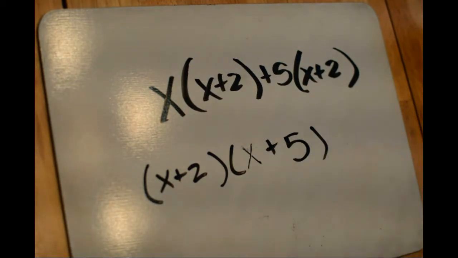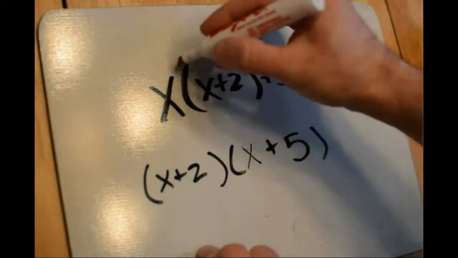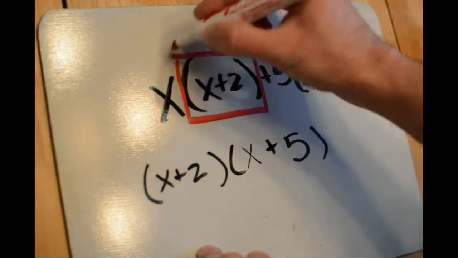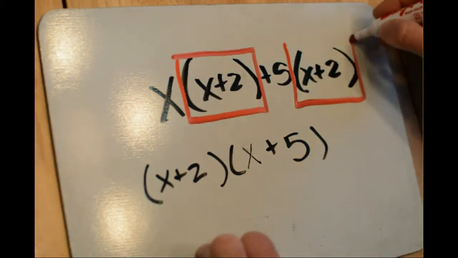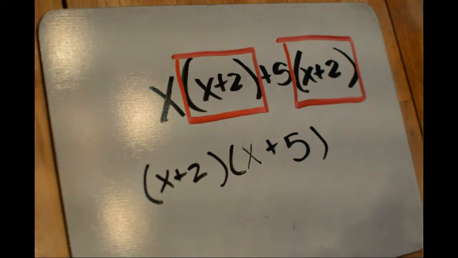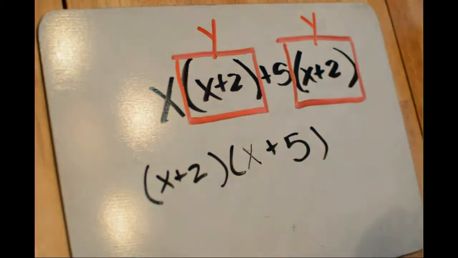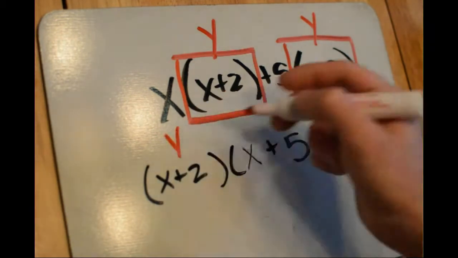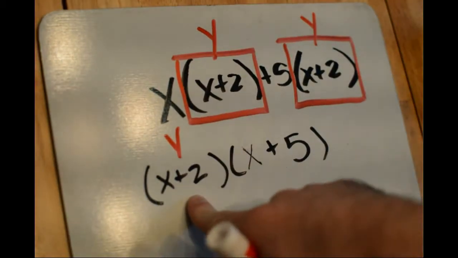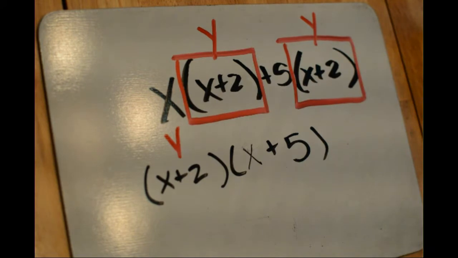Because these quantities are in parentheses, this is grouped together as one factor, and this is grouped together as one factor. So just like we could take these out as if they were just a variable like y, all I'm doing is taking that out, but it's just an x plus 2. Essentially we can factor out binomials that terms have in common, just like we could with numbers or with singular variables.